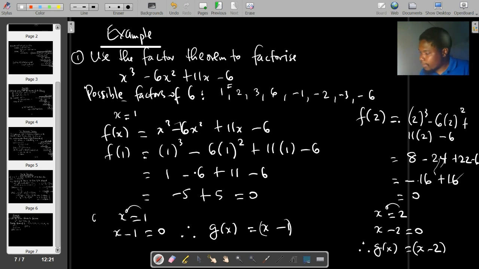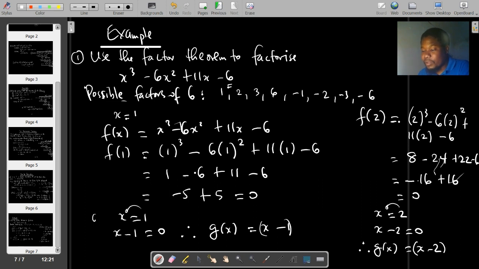From there we need to look at the other values as well. Now remember, you may ask where do we stop substituting, because we can just go on and on. Actually, we won't.